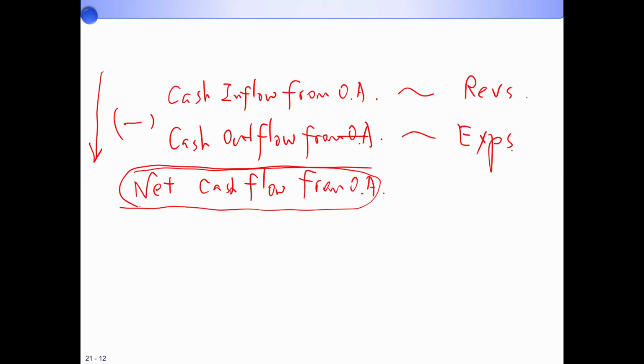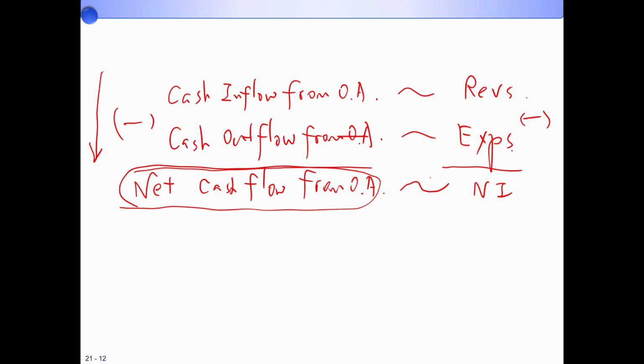So what is the indirect method? The difference between the cash inflow and cash outflow gives you the net cash flow from operating. How about the difference between revenue and expenses? That will be net income, right? Since those are related, the net cash flow from operating activity is also related to net income.